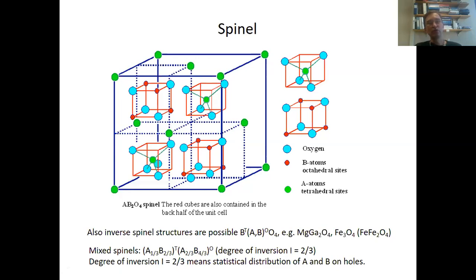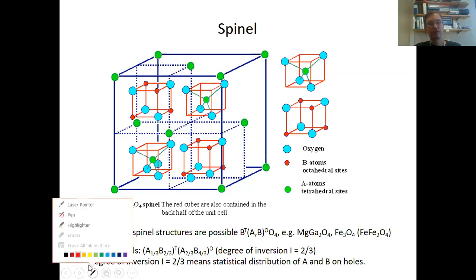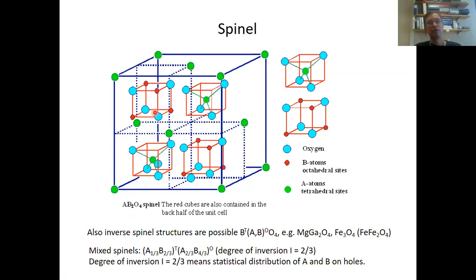So now, in addition to this cube, we have this type of cube. This cube is not centered, but all corners are occupied. You see that half of the corners are occupied by oxygen, and half of the corners are occupied by aluminum atoms. Okay?